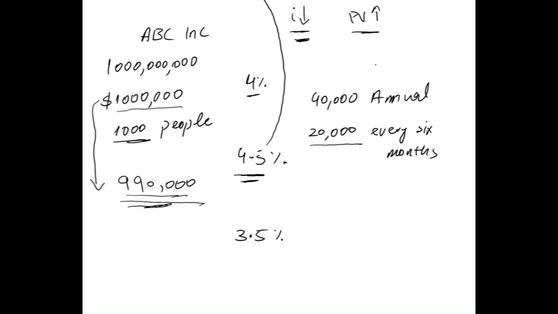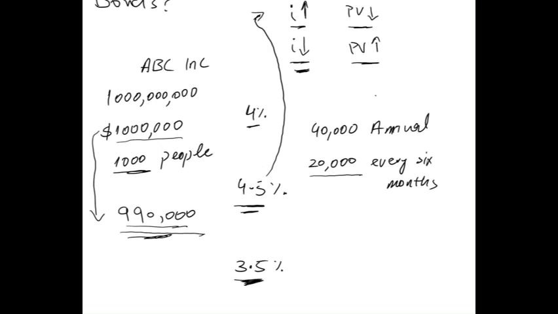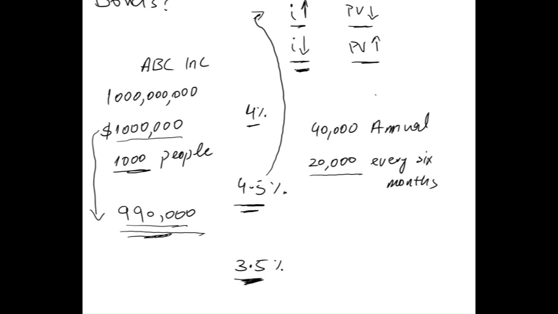So ABC company is going to discount the cash flows that it is going to be paying, which is the $20,000 every 6 months, plus the $1 million that it has to pay at the end of the bond term, using the lower rate, the market rate.